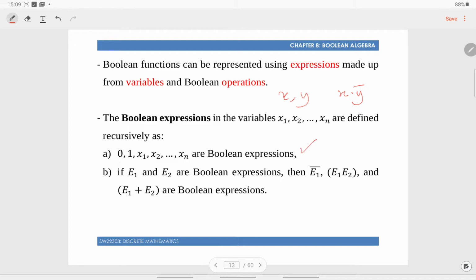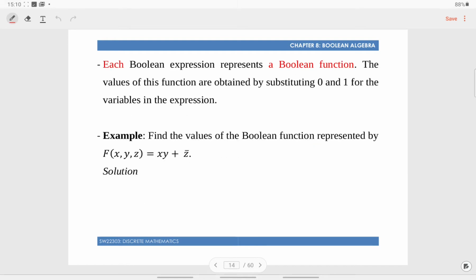If e1 and e2 are Boolean expressions, then the complement of e1 is also a Boolean expression, the Boolean product of e1 and e2 is also a Boolean expression, and the Boolean sum of these two expressions is also a Boolean expression. So Boolean expressions can produce other Boolean expressions using the Boolean operators.